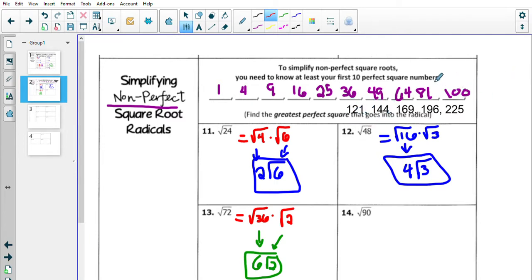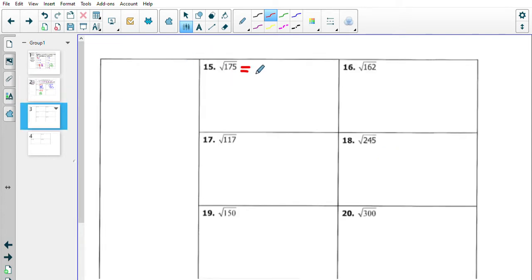Divided by 100, decimal, decimal, decimal. And you keep going down until you get to the number that works, which in our case is 25. So 25 is the number that I need, and it's 25 times 7. So I have the square root of 25 times the square root of 7.